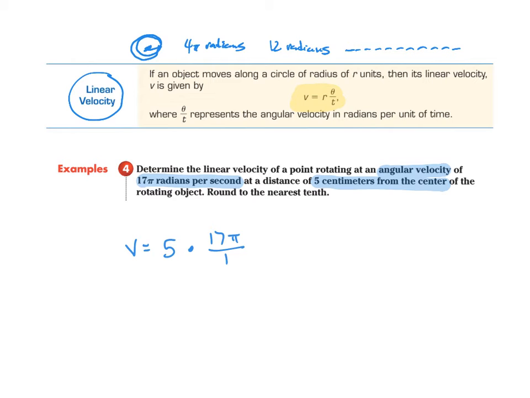And when you multiply that out, you end up with 85 pi. But we want to round this to the nearest tenth, so we want an actual linear type measurement. So we're going to multiply that and get 267.0 when you round it off to the nearest tenth. 267.0, and the units of measure is centimeters per second.